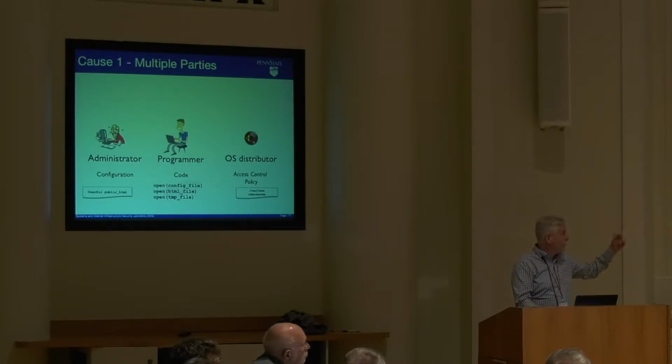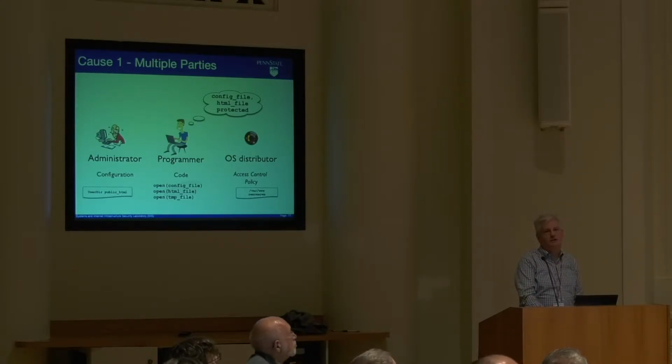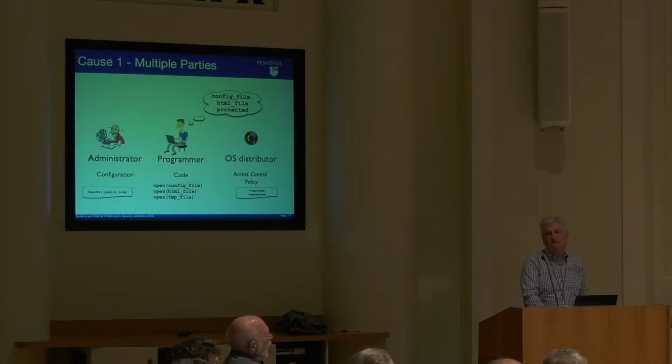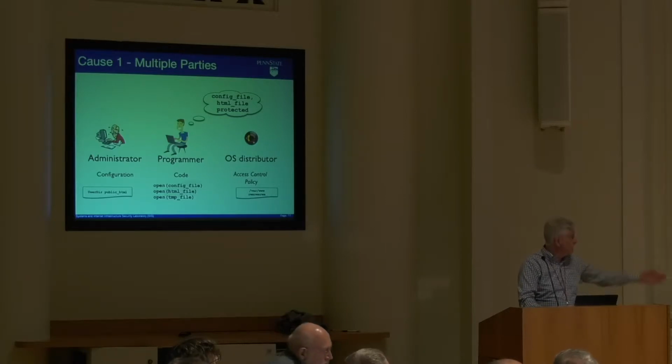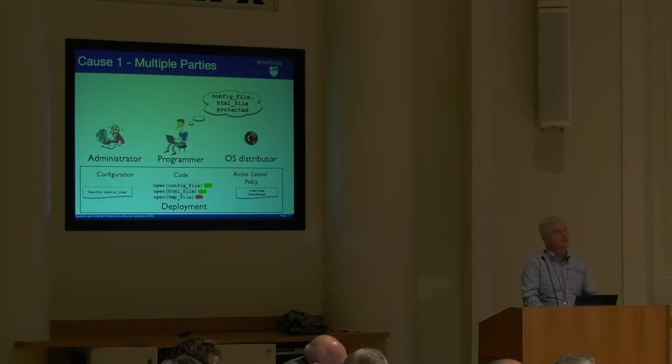So we have our programmer, and the programmer writes the code. The programmer writes some program, and it has these three, say, open system calls or library calls at the bottom. And the programmer thinks about what kind of attacks they might have. The programmers may not think about this at the level that we would like, but most of them would know, for example, that if the program is going to use the temp directory, you're going to interact with other parties.